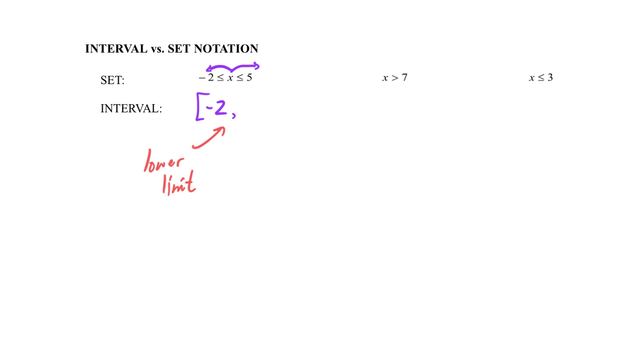comma. And now I notice that x has to be less than or equal to 5. So my 5 goes on the right side, and what that 5 represents then is my upper limit. So in interval notation, my variable, my x, has to be between those values.